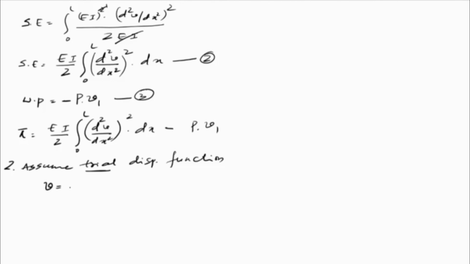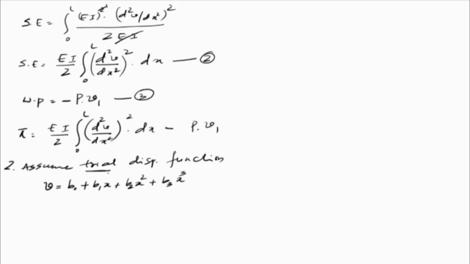And instead of a0, a1, a2, let us consider another polynomial with another constant, that is b0 plus b1x plus b2x square plus b3x cube. Okay, so this is the third order polynomial function I am going to consider.